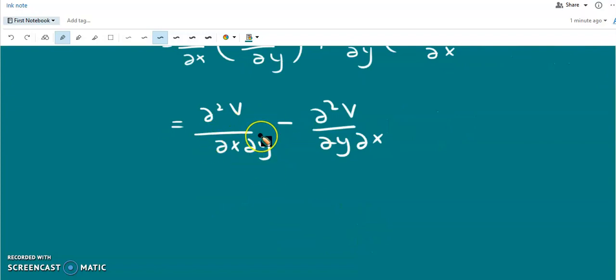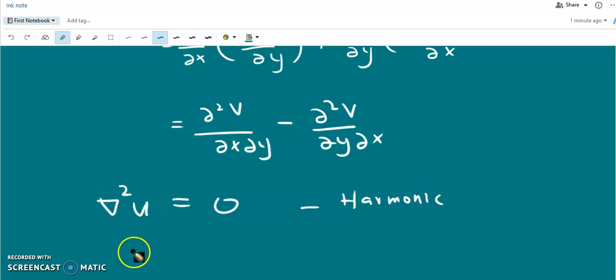So both terms are equal and opposite, so that is 0. So del square u is equal to 0. So this shows that u is a harmonic function. Similarly, please prove that del square v is equal to 0. So this is an assignment for you.